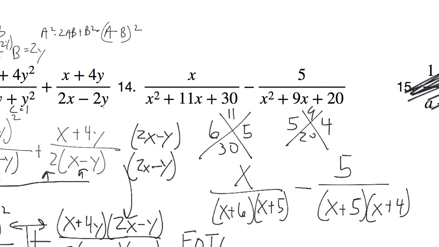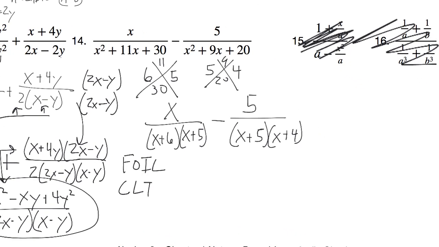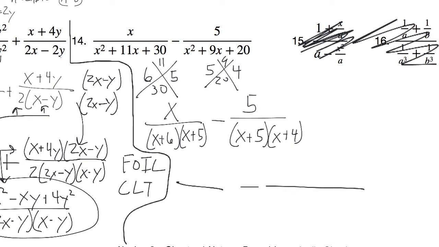We need a common denominator. I also need to kind of separate these two problems. The common denominator, I'm pretty sure, is going to have to be x plus 6, x plus 5, x plus 4.